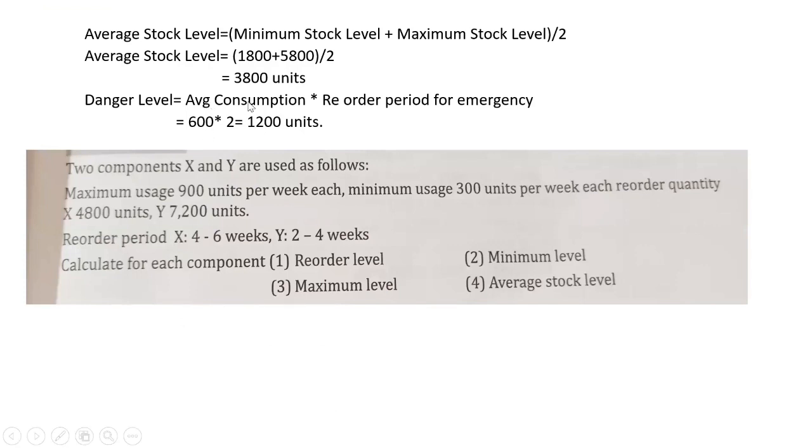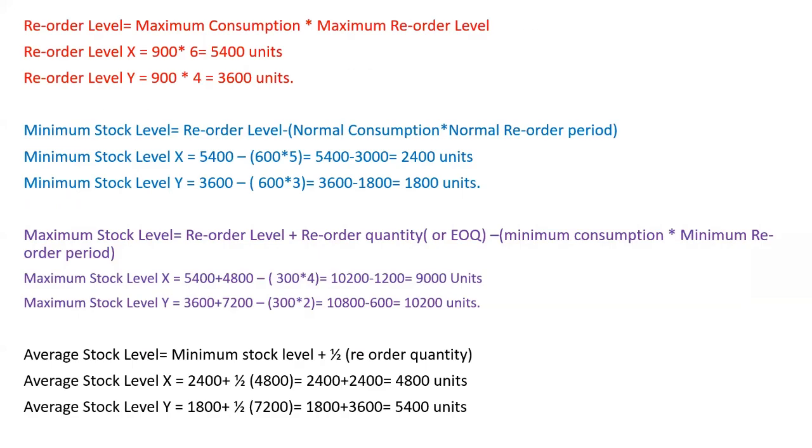If they haven't given it, then minimum consumption plus maximum divided by 2, that is your average consumption. Okay. Try this question. Pause the video and try this question. If you can solve it, it is well and good. Okay. We will see the solution now.